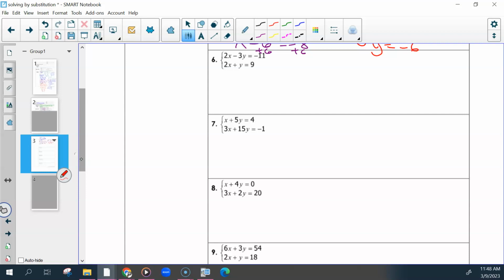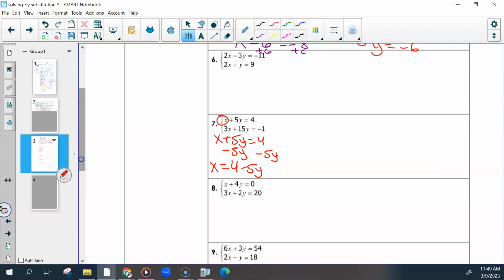Okay. So for this one, we would be solving for this x. It's the one that had the coefficient of 1. So get x by itself by doing what? x equals 4 minus 5y, or if you want to switch it, you can do that.